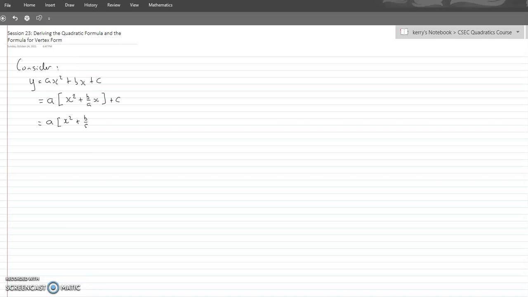A half of b over a is 1 by b is b, 2 by a is 2a. So that's plus... Remember, you have to add a half of b over a, squared, and you also subtract that same thing, plus c. Now, remember what we did before. This is for the people who know completing the square. If not, drop back at least 5 or 6 videos to look for completing the square.